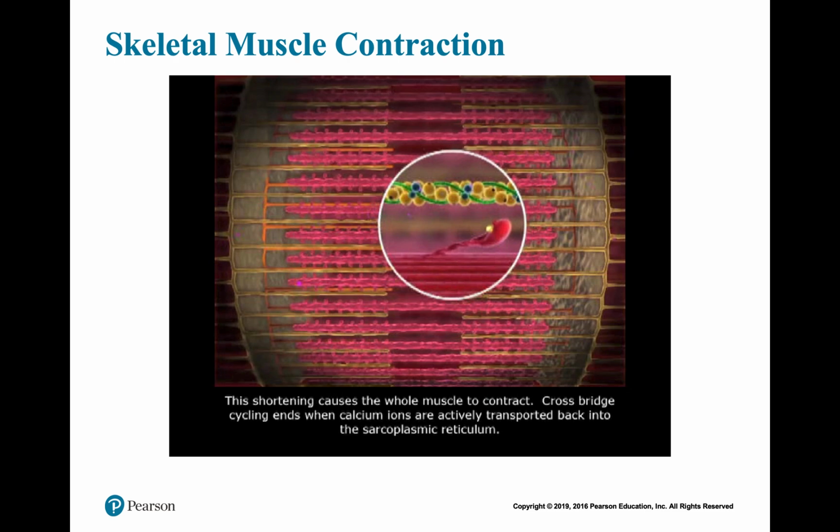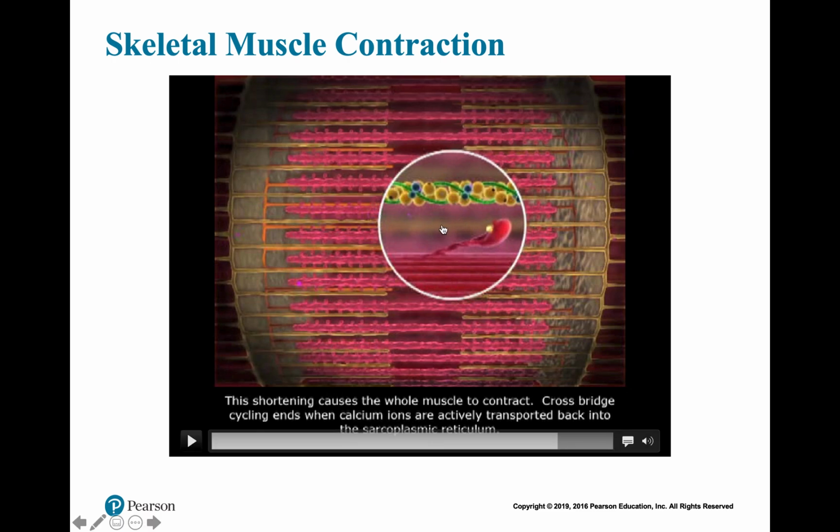And if calcium goes away, well then troponin will change back to its original shape, and tropomyosin slides back over the actin active sites. And even if ATP is present, myosin can no longer bind if tropomyosin is in the way. Right? So once calcium goes away, this crossbridge cycle ceases to happen.